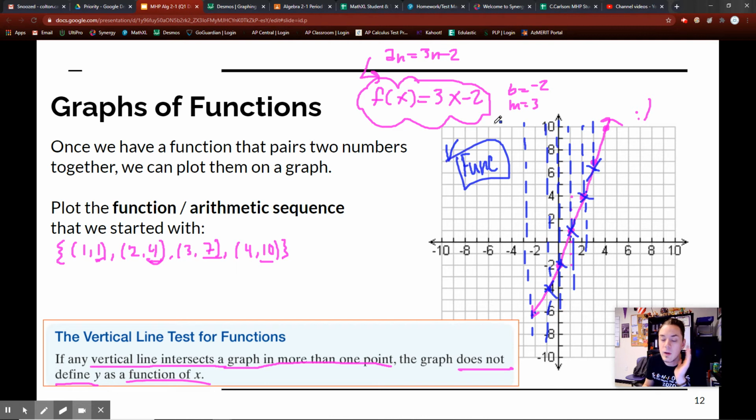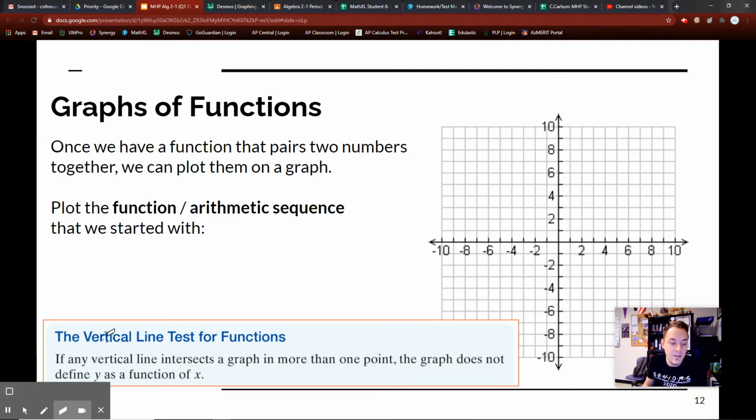Now, some of you are thinking, what does it look like if it does hit in more than one spot? I'll show you. Actually, I'll erase everything and I'll show you on the actual graph. If it's not a function, it's going to look something like this. So this is actually an inverted parabola.